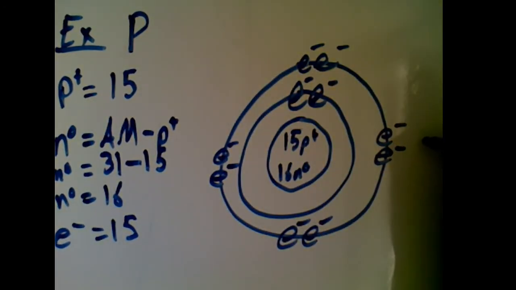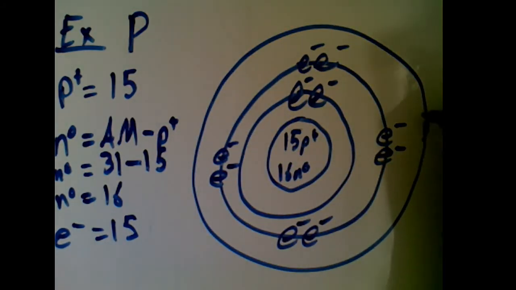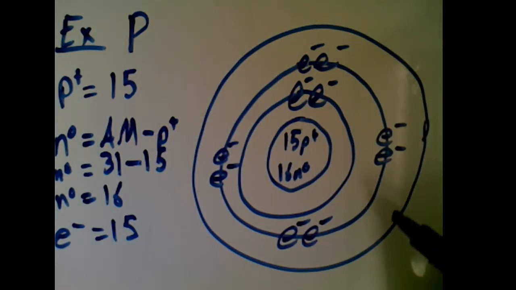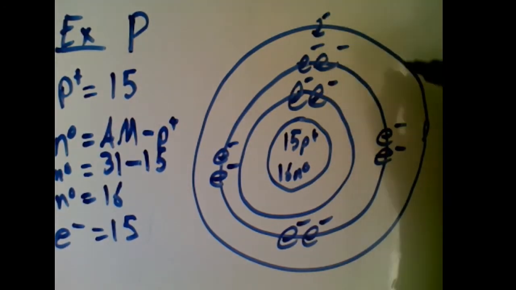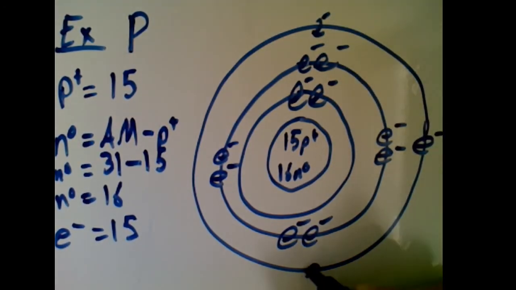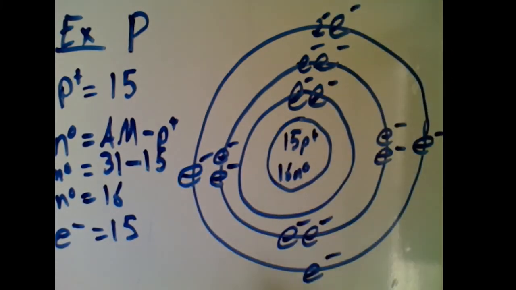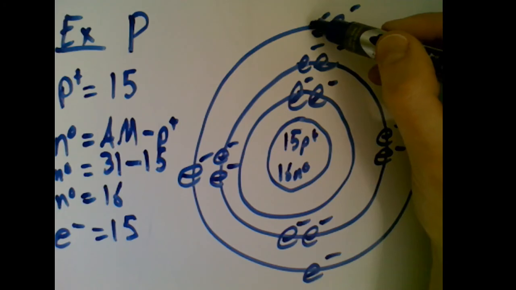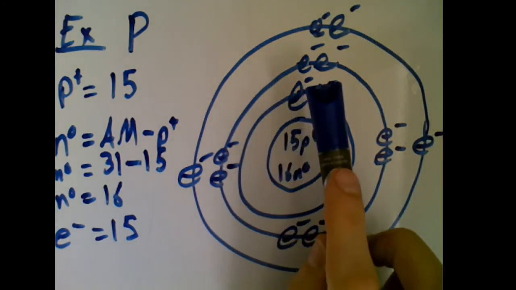And we need to draw another orbital. So we add another ring around the outside. We've used up 10. We need 15. So we're going to go 1, 2, 3, 4, 5. And there we go. Now I have 15 electrons. Now, you may have noticed the way that I put these in here.